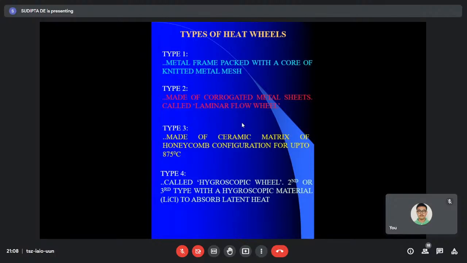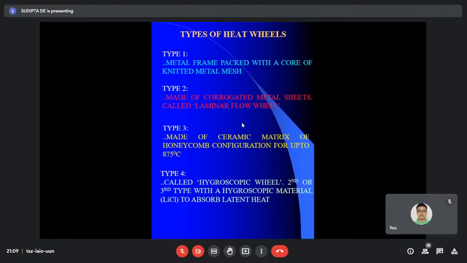But it has a problem of severe contamination, and operating with hygroscopic material is costly because you have to replace those coatings after a short operation, because they get contaminated and the effectiveness of those hygroscopic coatings is lost within a short time.